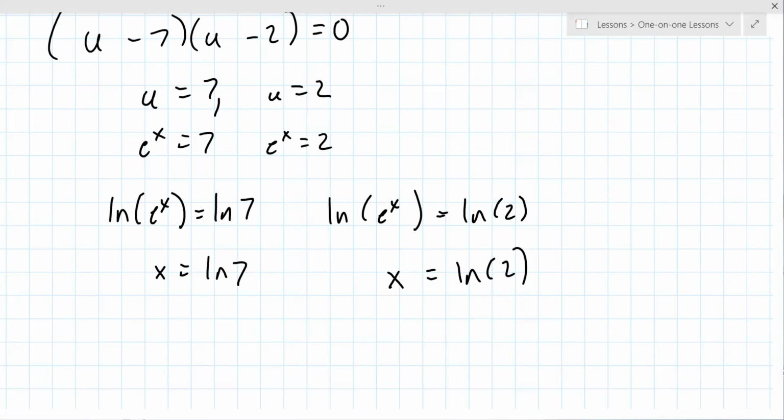Where's natural log? It should be under e in your calculator. Are you finding it? No, I can't find it. Let me search here. Catalog search. You have a TI 83 or 84? 84.